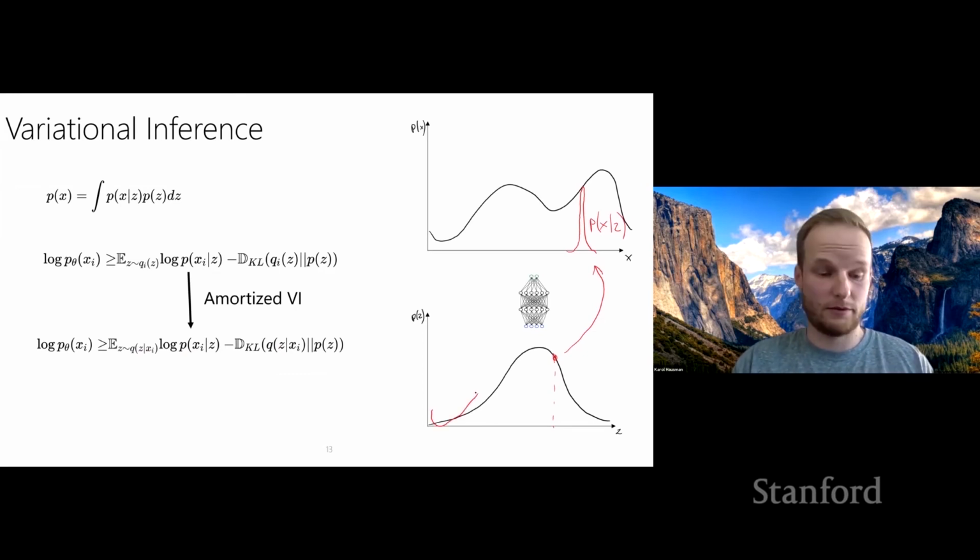Let me switch to this. Okay, our P of Z can be any distribution. And then if we have a neural network that can map from Z to P of X given Z, then our neural network is expressive enough to take a sample from any distribution and transform it to any other distribution we would like. So it kind of doesn't matter what P of Z we choose. A neural network is powerful enough to represent anything else after that.